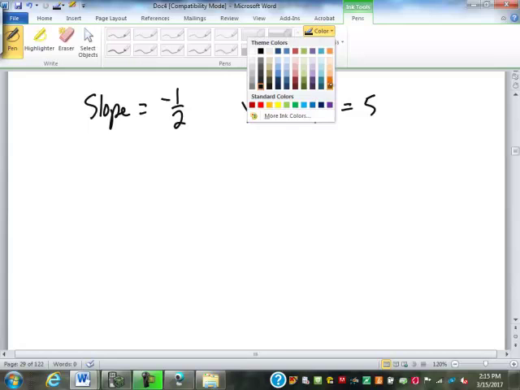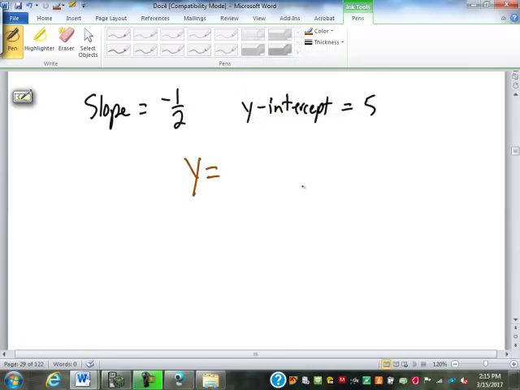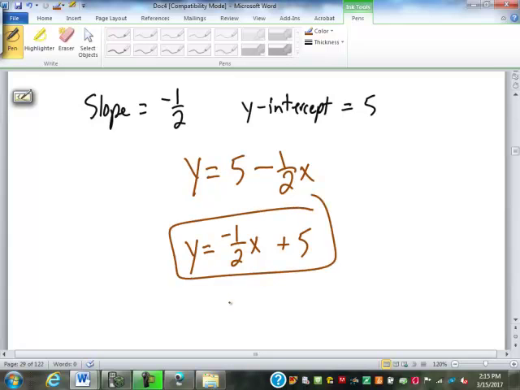That equation, of course, would be what? y equals, what would go first? 5, minus 1/2 x. That works. y equals 5 minus 1/2 x. That works fine. Another more standard form that many of you might be more used to would be to do the slope first. Negative 1/2 times x, and then plus 5. Either one of those is fine. This is just the more common way of seeing it.